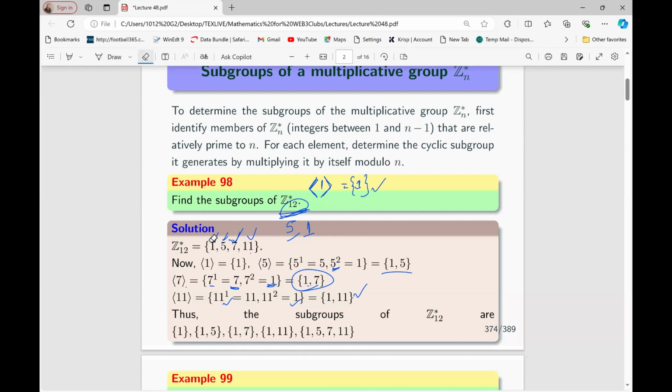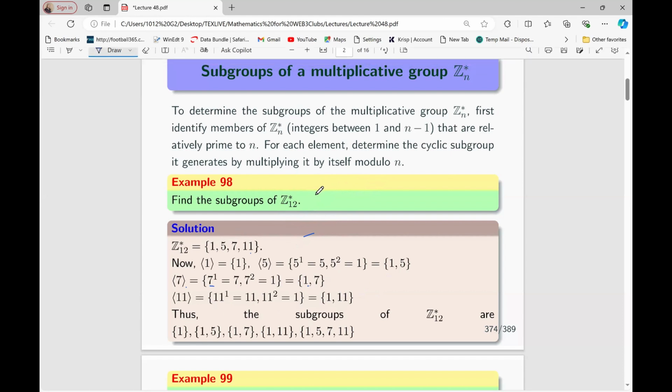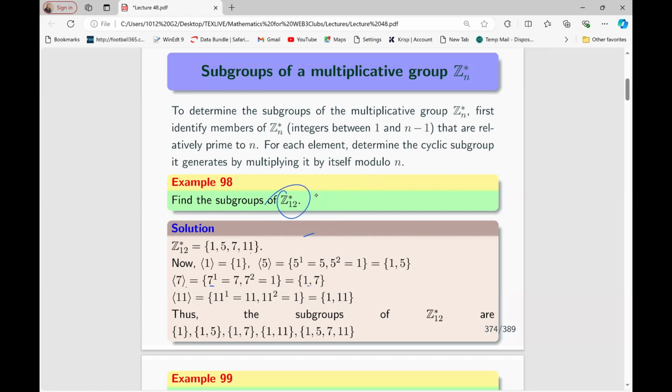So what subgroups have we gotten, therefore? Remember we said, when we were beginning the discussion on subgroups, that the group itself is also a subgroup. So this group is also a subgroup.